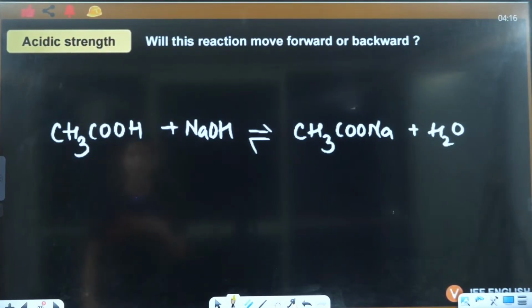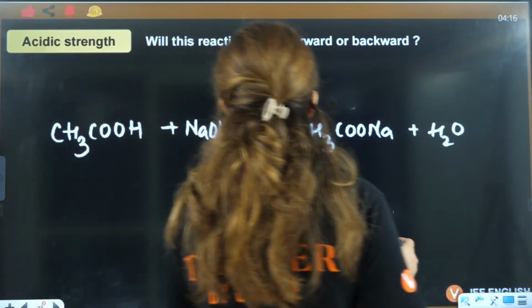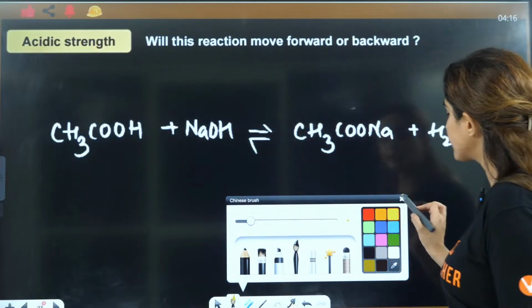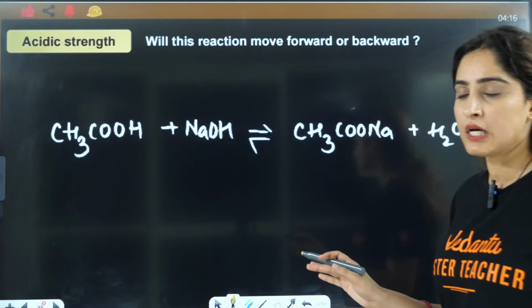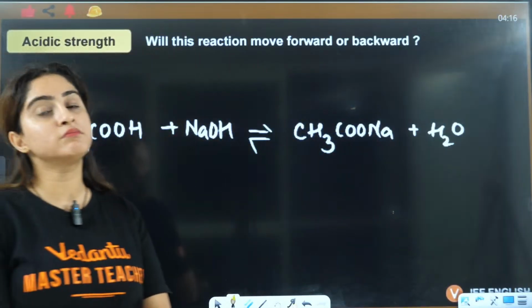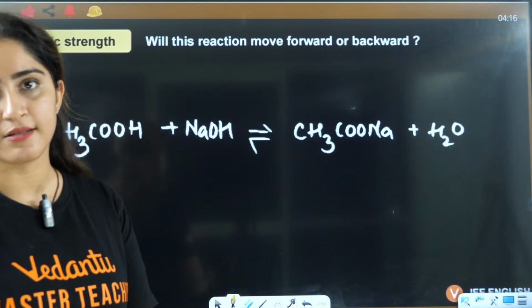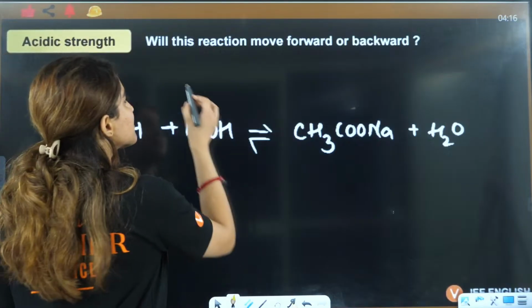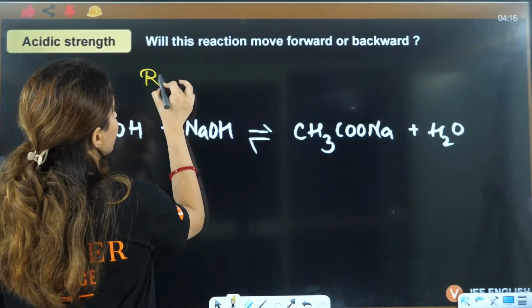Okay. So if you see this here, you need to tell whether this reaction will be forward or backward. So is this a question of equilibrium? No. This is a question of acidic strength. So the reaction will always move in that direction.